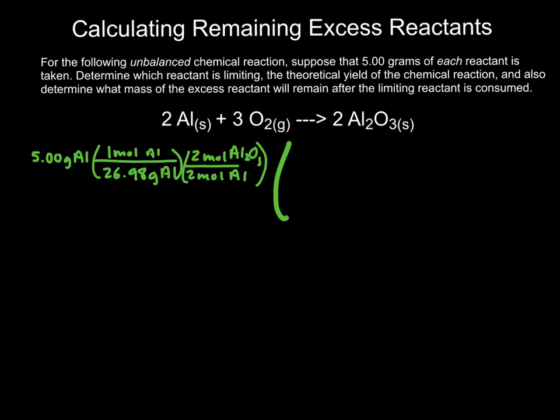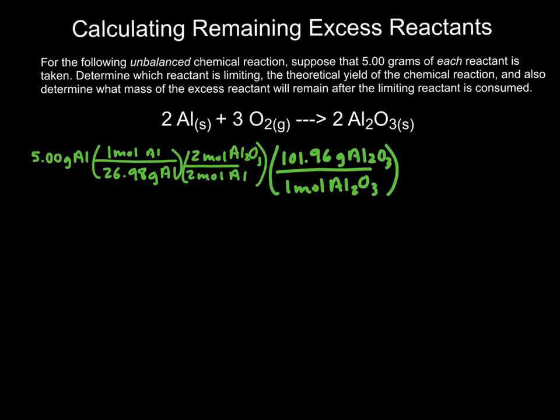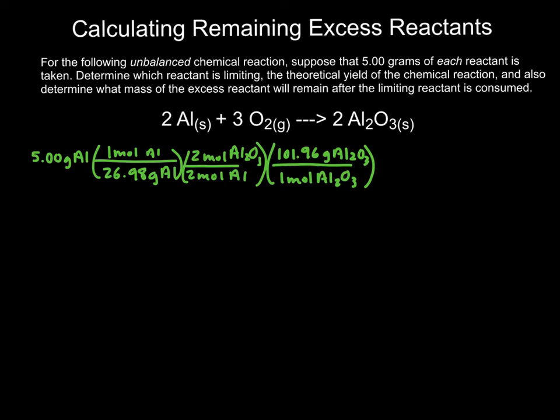From there, we can use the molar mass of aluminum oxide, which happens to be 101.96 grams of aluminum oxide, to calculate the mass of aluminum oxide that can be made from 5 grams of aluminum. And when we do that math with proper sig figs, we get an answer of 18.9 grams of aluminum oxide.